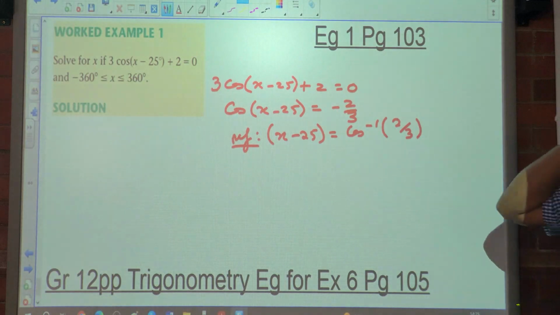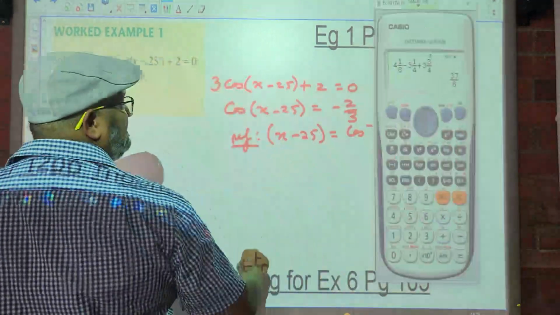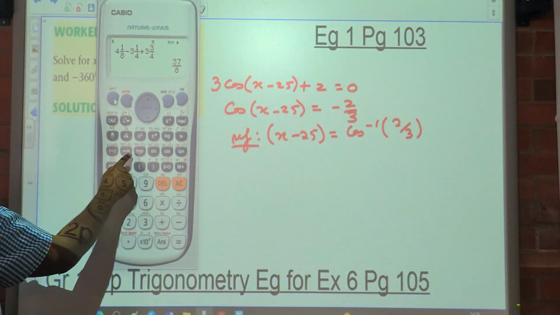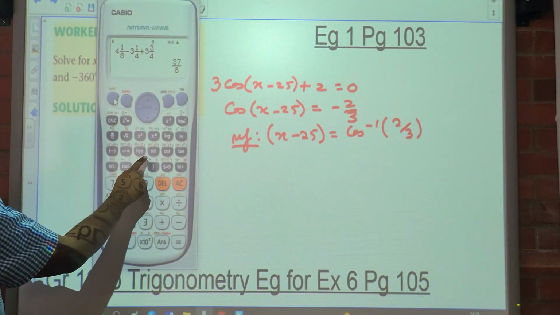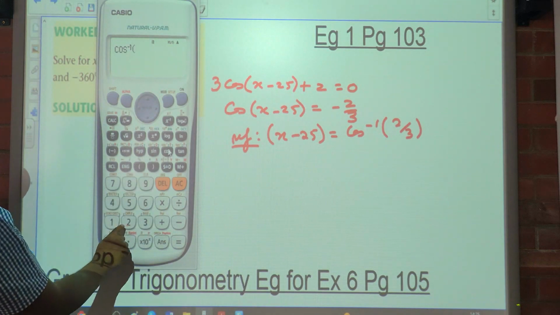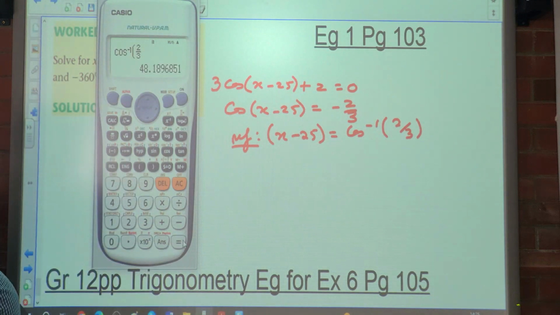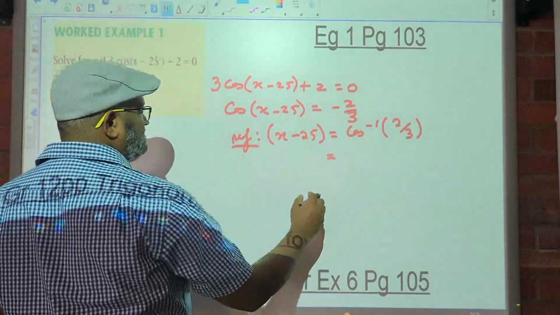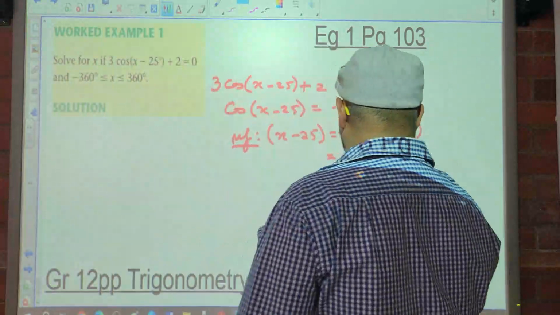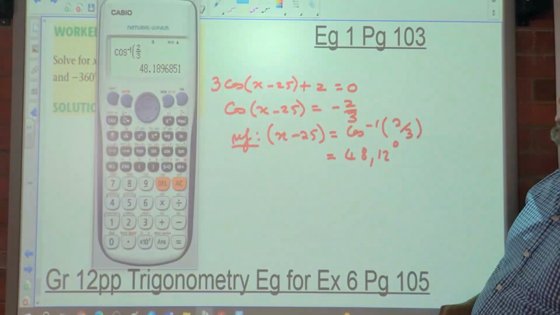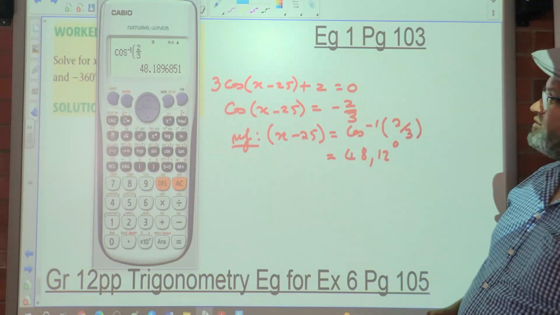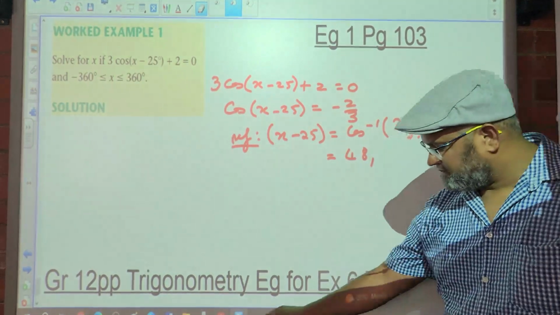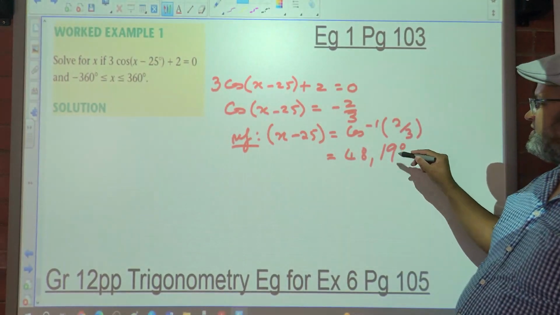So I put in the calculator shift cos, cos to the negative 1 of 2/3, which gives me 48,19 degrees. That's now my reference angle.